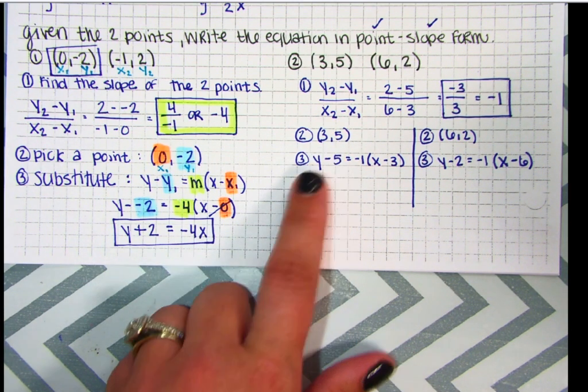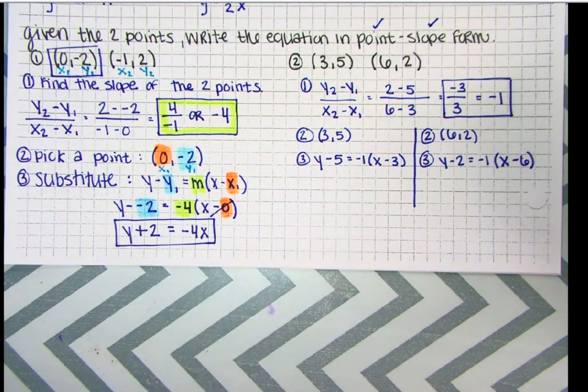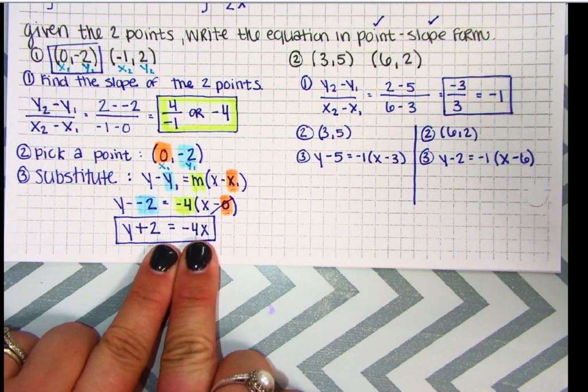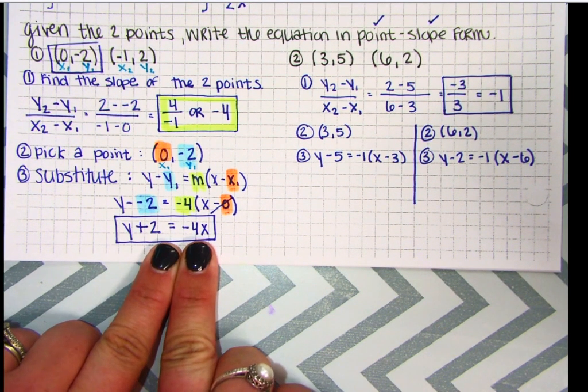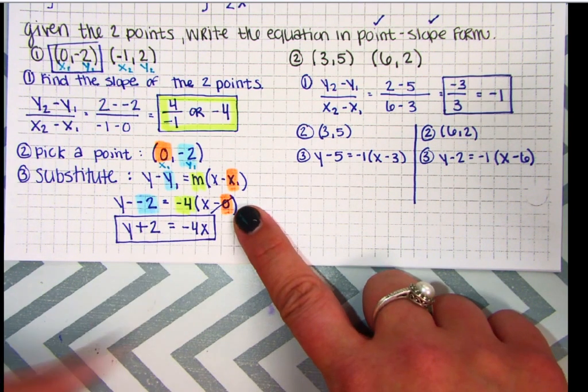So 3, 5, we should get y minus 5 equals negative 1 parenthesis x minus 3. You don't have to distribute the negative 1. And I think that there is just a little confusion as to why this answer doesn't have parentheses. The reason it doesn't have parentheses is right here, the minus 0.